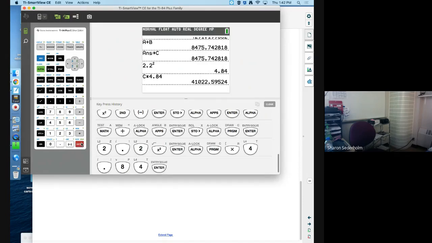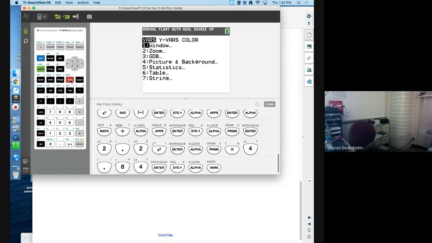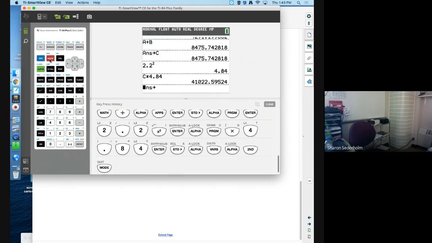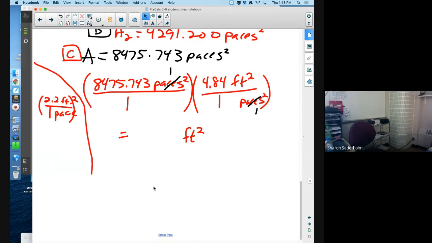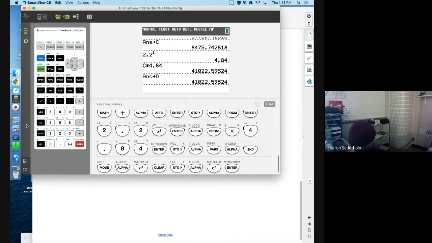I need to store that information because we are not done. So store alpha D. I'm having the same problem as yesterday where I am touching things and it is not recognizing it. So I'll have to make sure I hit it a little bit harder as I go through these problems. So here's our D, and that was 41,022.595.